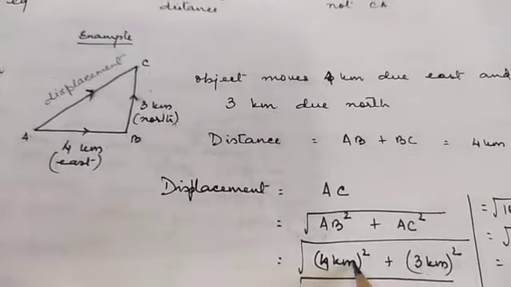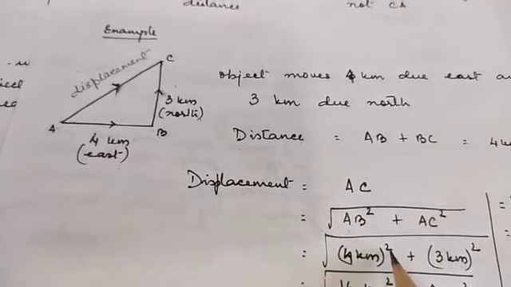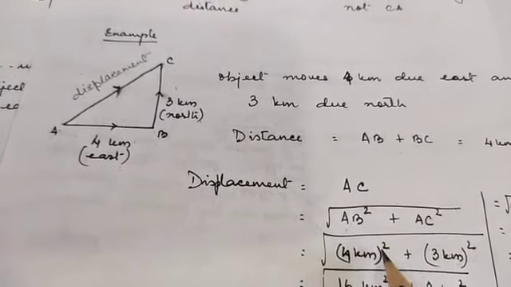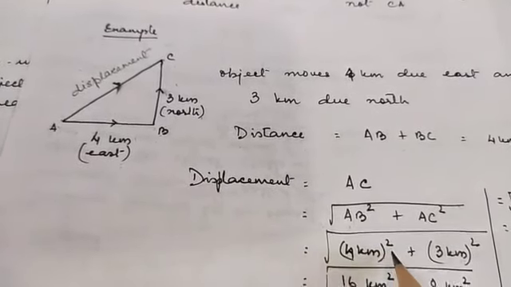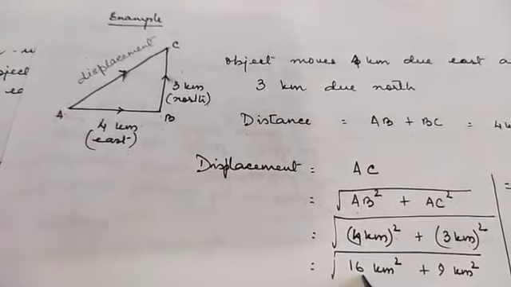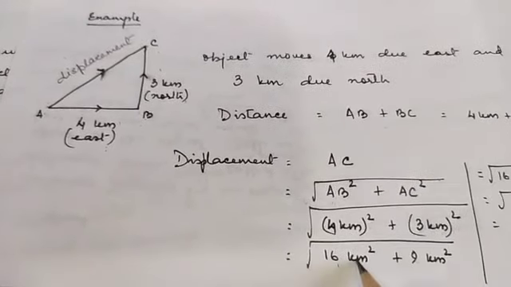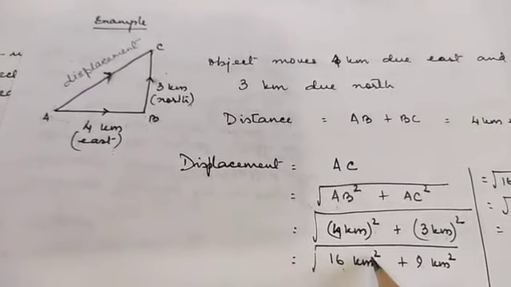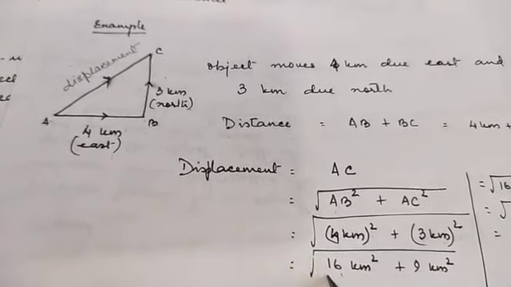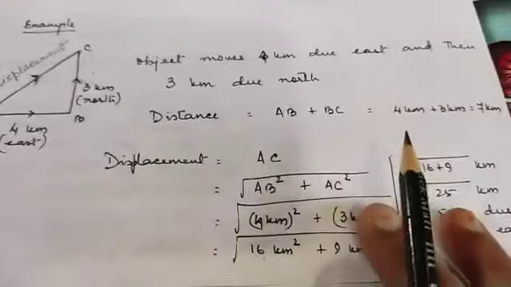So 4 km square plus 3 km square. 4 km square means what? 4 into 4, the same number multiplied by itself. So 4 into 4 is 16 km square. And this is 3 into 3, 9 km square. When we remove the square root from kilometer square, it comes only to be kilometer.